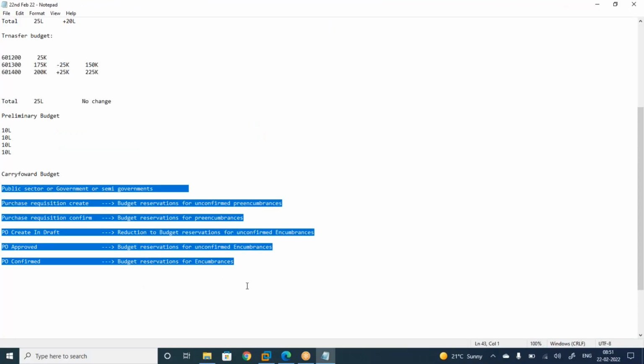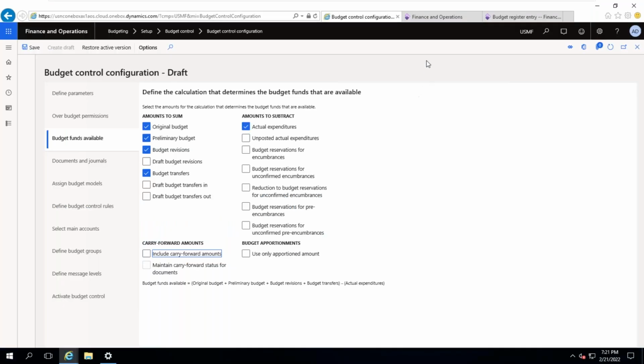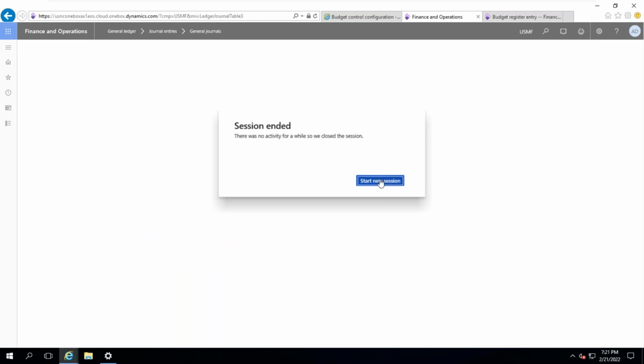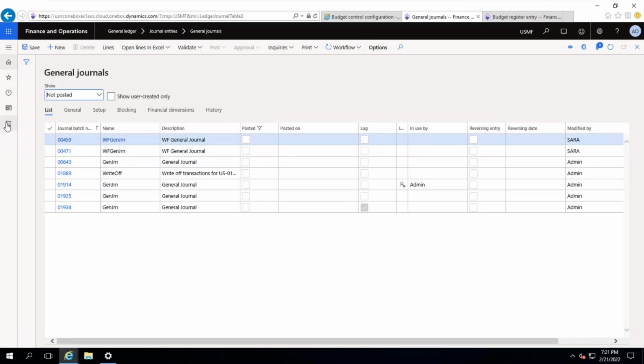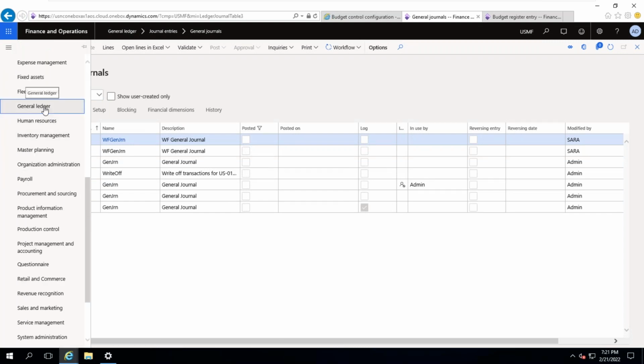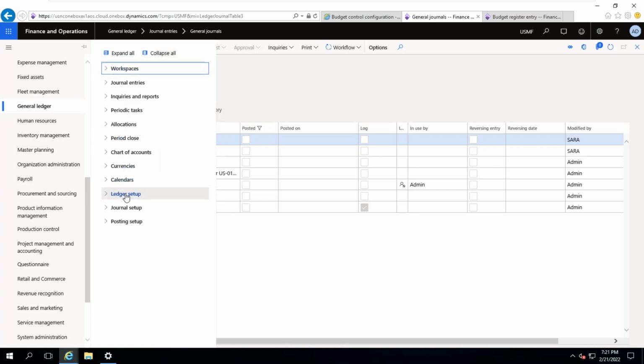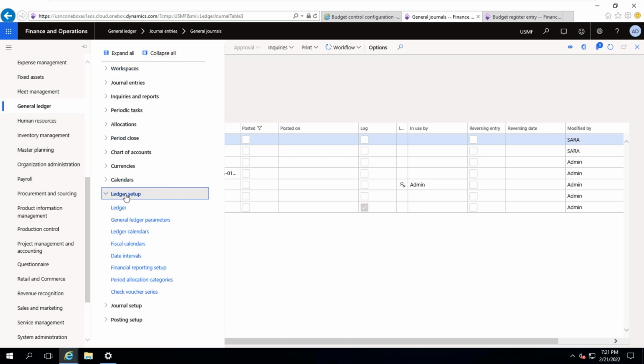Okay, so I'm showing you one dangerous checkbox. Please look at this one. One small checkbox. General ledger, ledger setup, general ledger parameters.